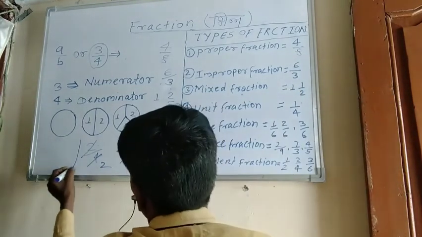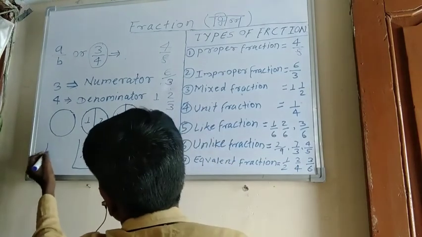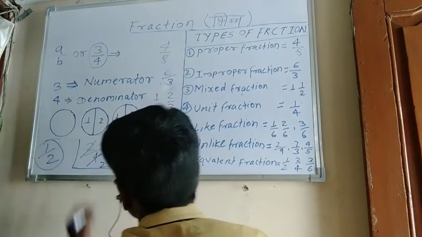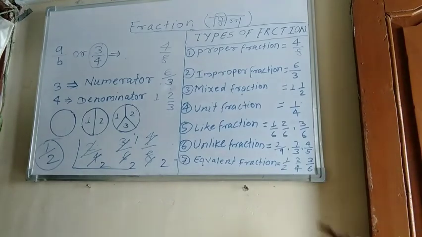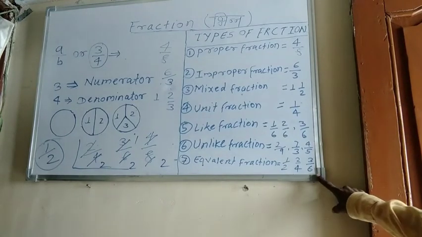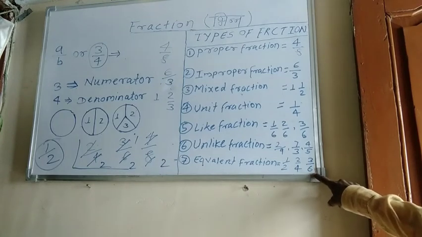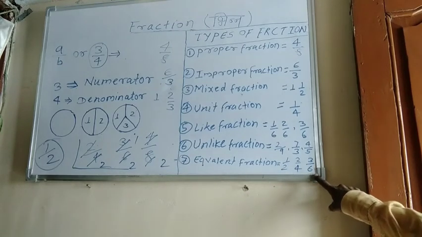If we find the value, all of these are 1 upon 2. So these are called equivalent fractions. If you solve them, we will get the same value for any of these fractions.